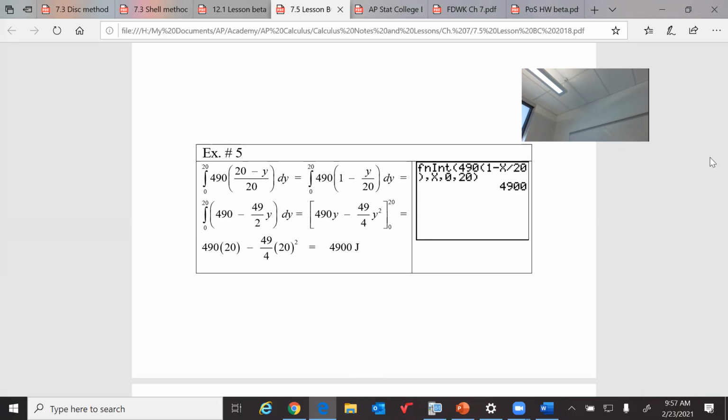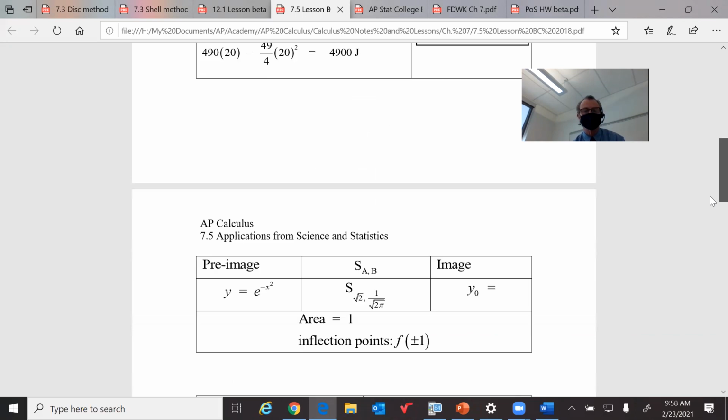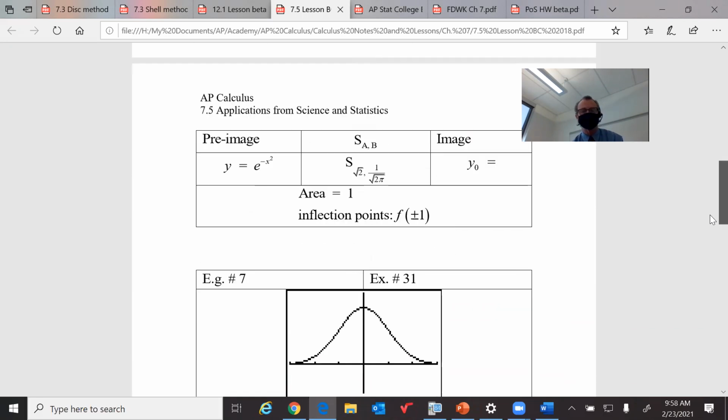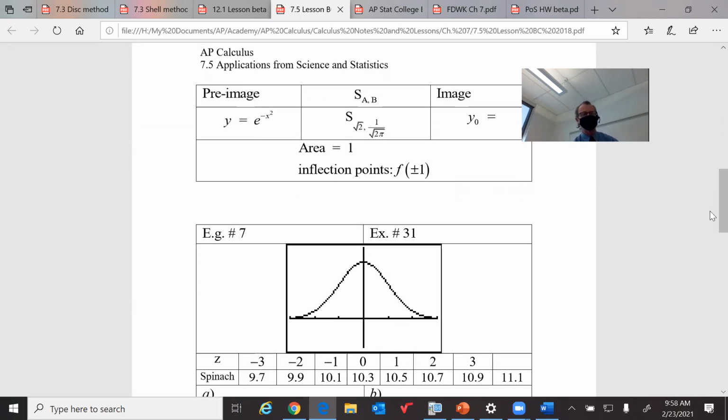Then if you did the problem by hand, you would still get 4,900. Yes? Do not be intimidated by the physics. You're not going to have to do it. It's just an application. But now we get to the interesting part. We get to the application of statistics.